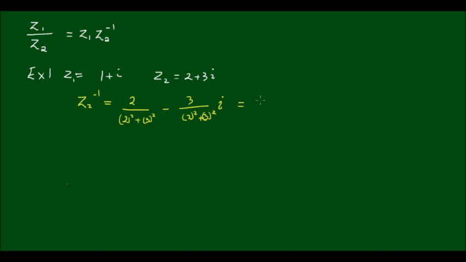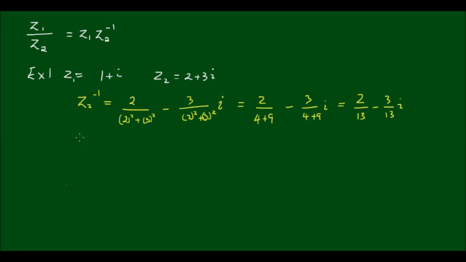And this evaluates to 2 divided by, so 2 squared is 4 and 3 squared is 9, so that's 4 plus 9, minus 3 on 4 plus 9 i. And of course that simplifies further to 2 on 13 minus 3 on 13 i.